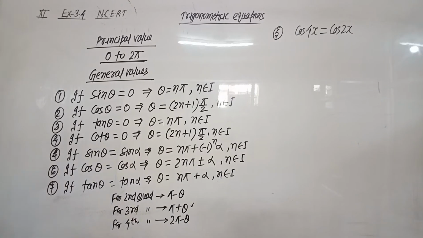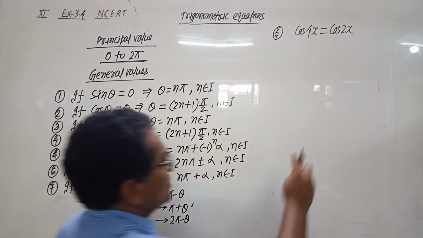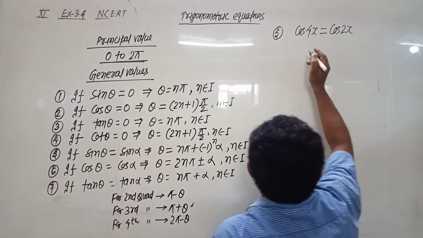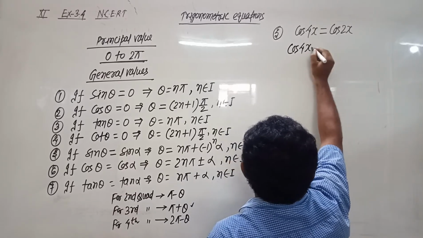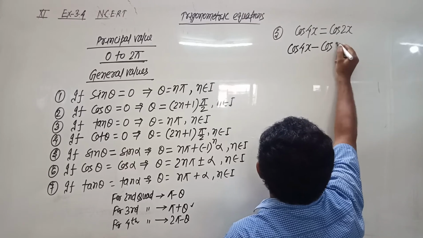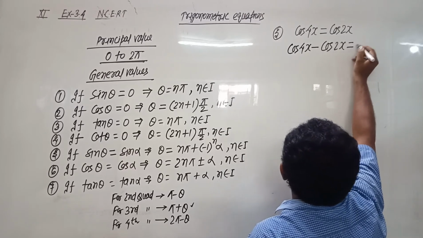For finding the general solution, firstly we solve this equation. Cos 2x is transposed to the left side, so it becomes cos 4x minus cos 2x equals 0.